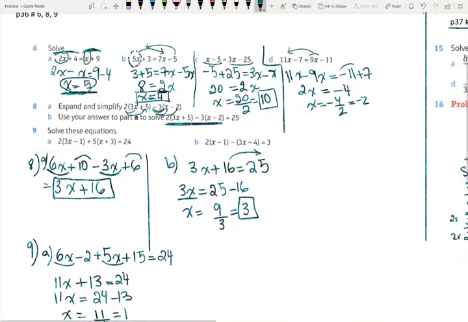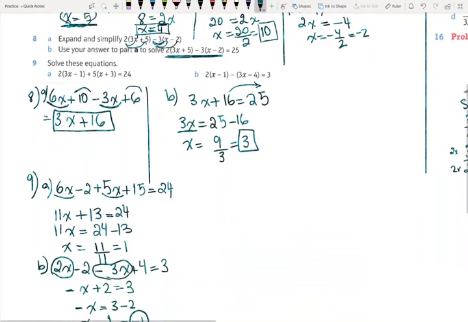Number 9, solve these equations. We start by expanding, and it's going to be 6x minus 2 plus 5x plus 15 equals 24.